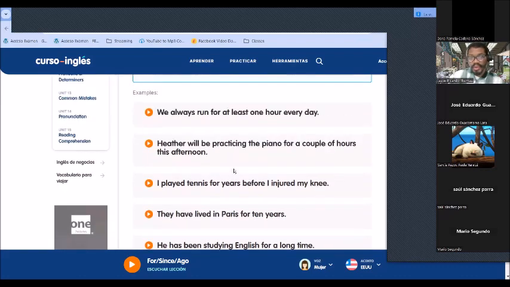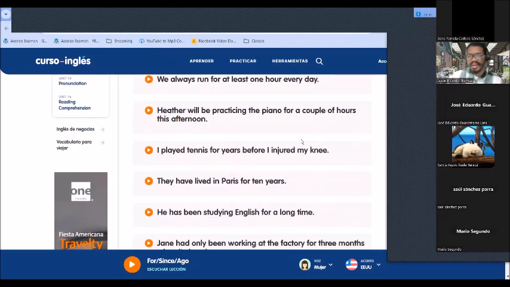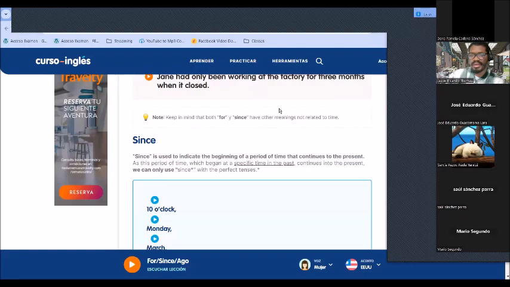Notice, we covered almost all of the tenses, more than half. And for, because it expresses a period of time, not a fixed start or a fixed finish, it's very flexible. We can use it for different tenses, right?